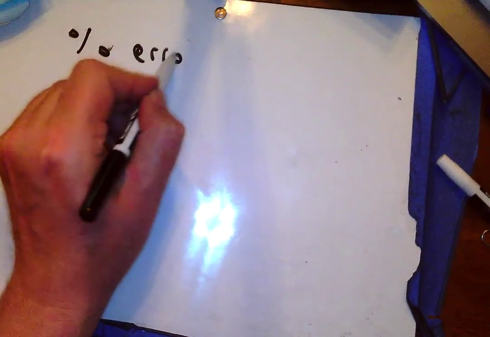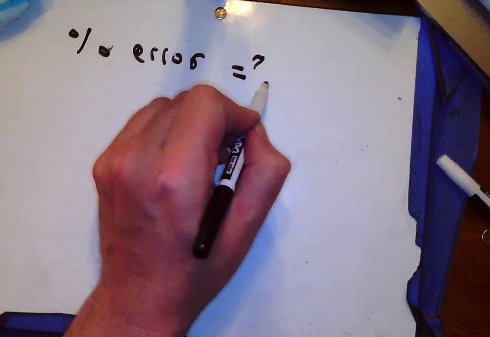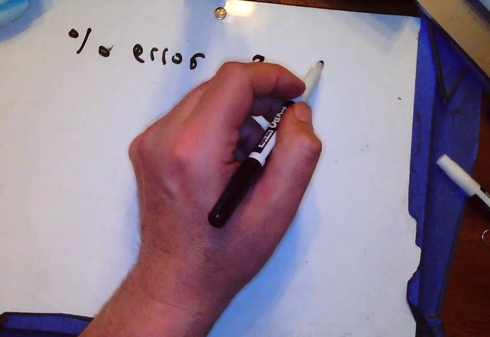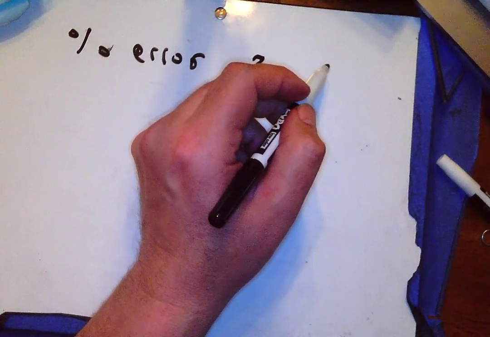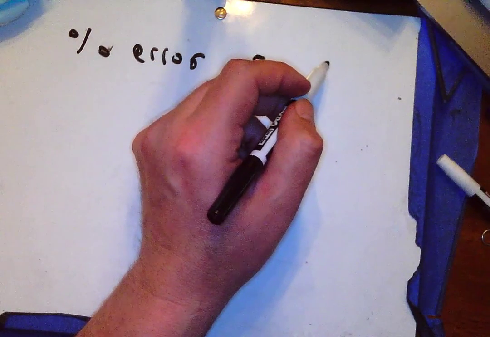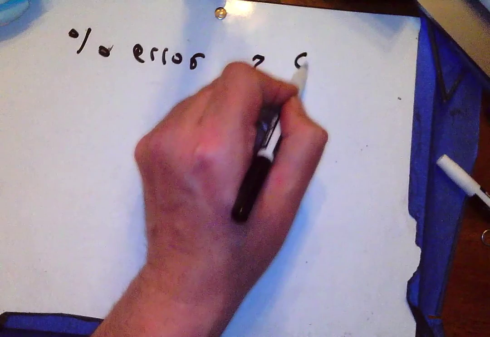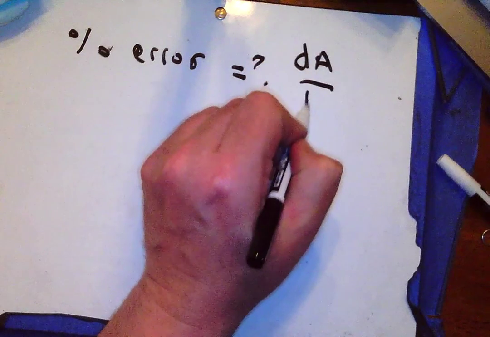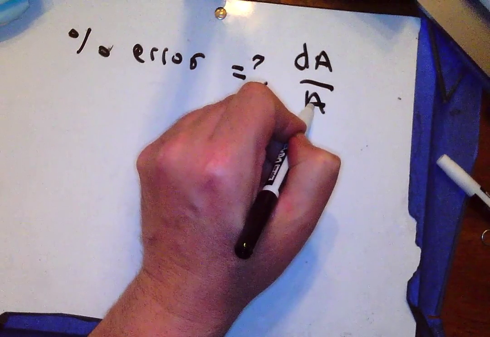We estimated the change. Now I want percent error. So what's this percent error? Well, the percent error is going to be dA over A. No, it isn't.